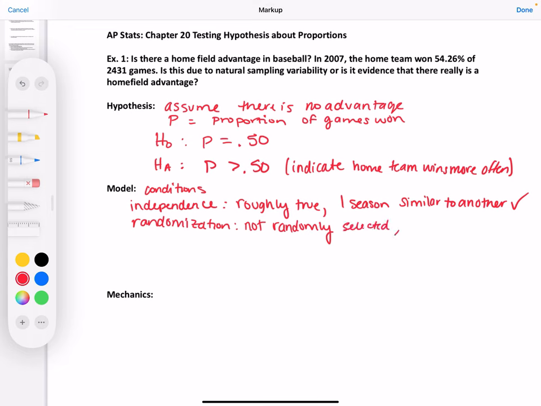But it should be reasonably represented. As far as the 10% condition, this is all the home games, so you can safely assume it's 50% of the games that year, but we're looking at less than 10% of all games ever played.